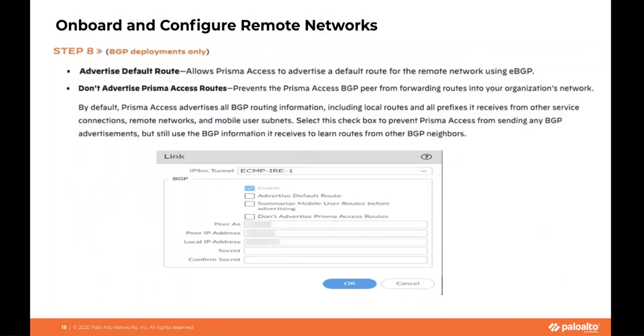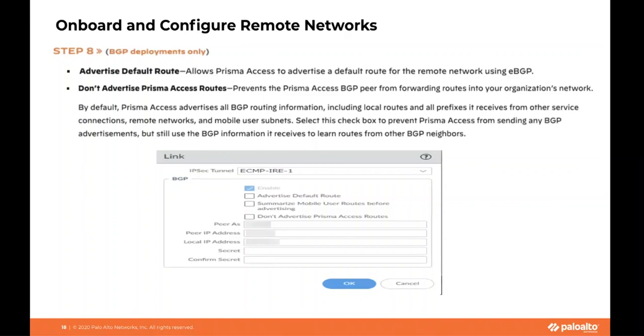These are the options: advertise, summarize, and don't advertise the Prisma Access routes. Advertise the default route means you are allowing Prisma Access to advertise the default route for your remote network. If you're checking this box, make sure that you are publishing your default routes before making the selection.